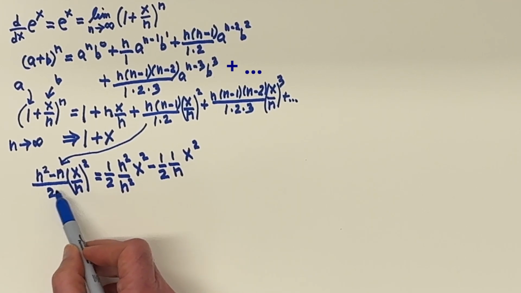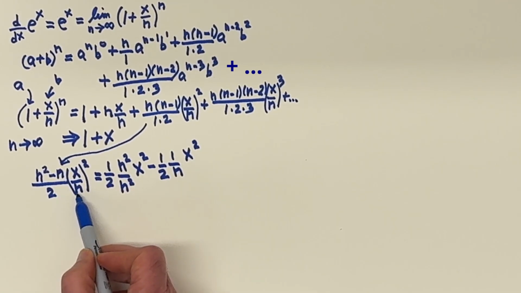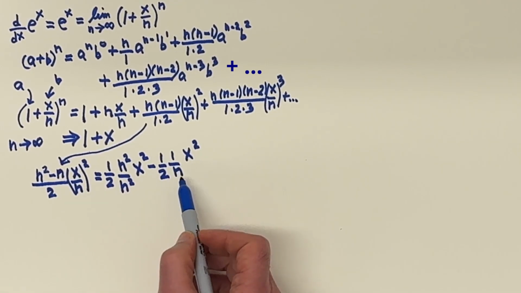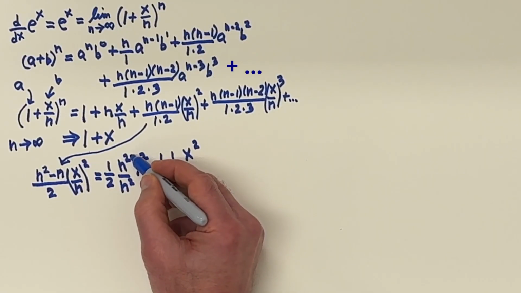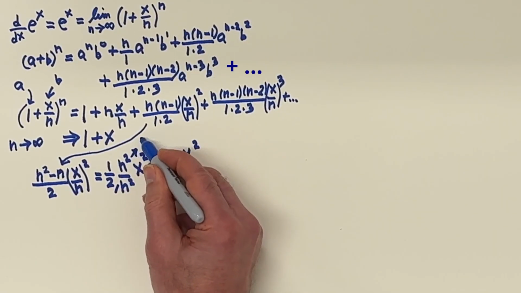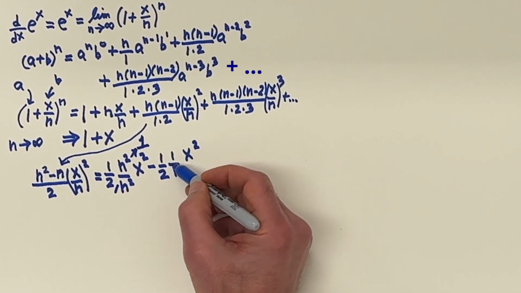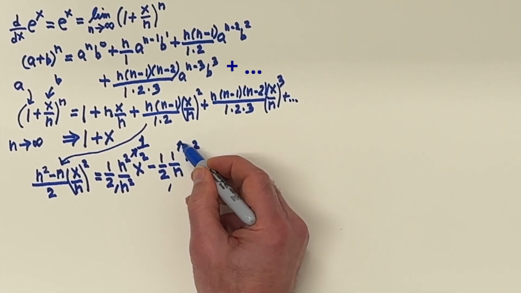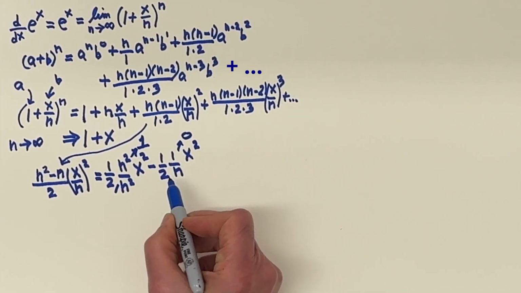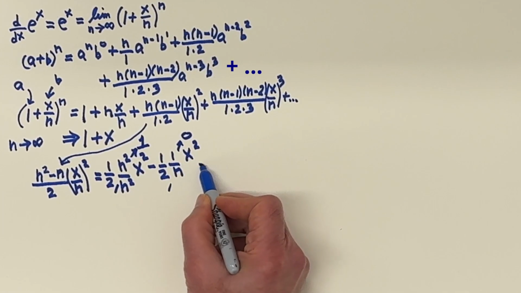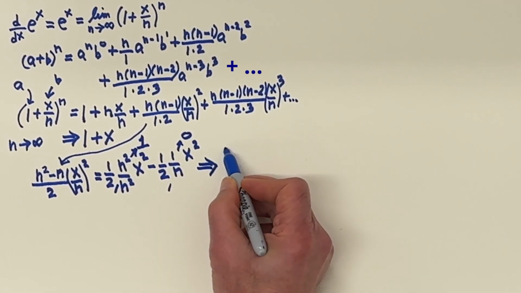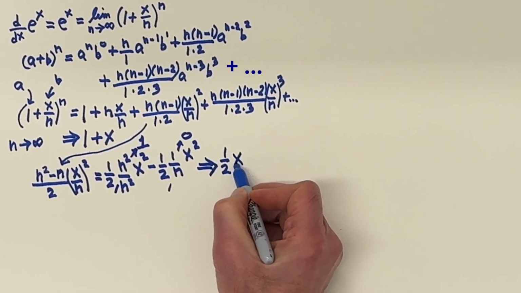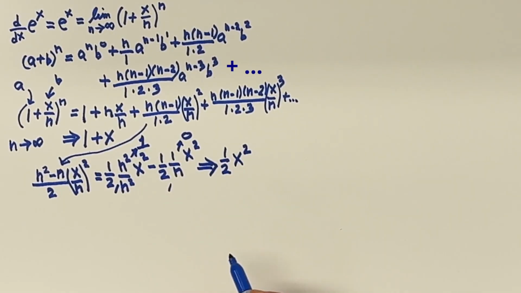And then minus n over n squared is going to be 1 over n. What's going to happen here is this part gives you a 1, and this goes to 0 as n goes to infinity. So what this one becomes is simply 1/2 x squared.